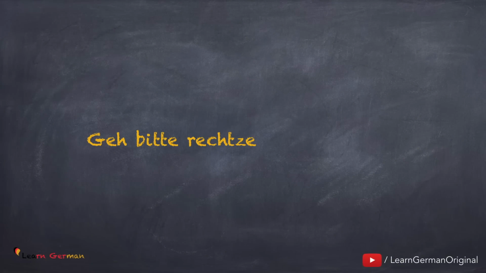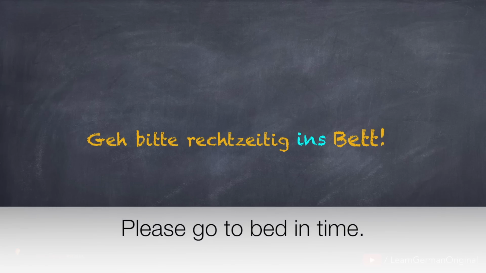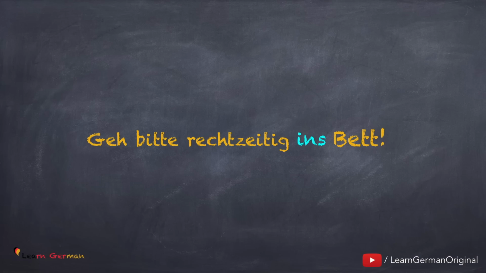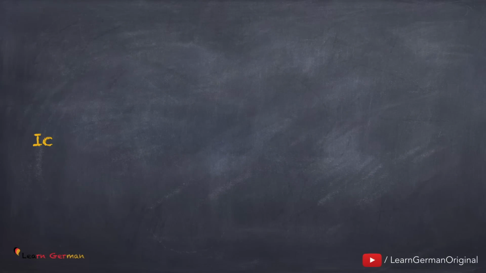Now let's try to do the next one. In this sentence, there will be a movement, since the verb is gehen. The article for Bett is das, so when in and das come together, you'll say, geh bitte rechtzeitig ins Bett. Now let's do the next one.